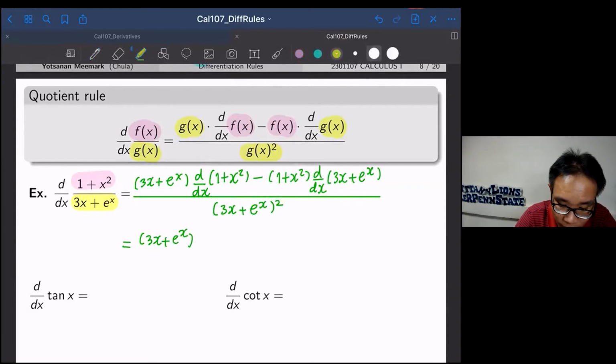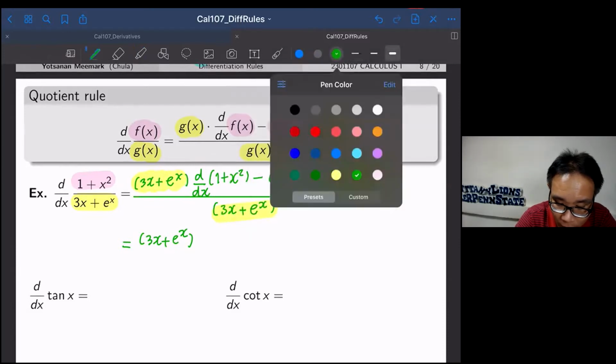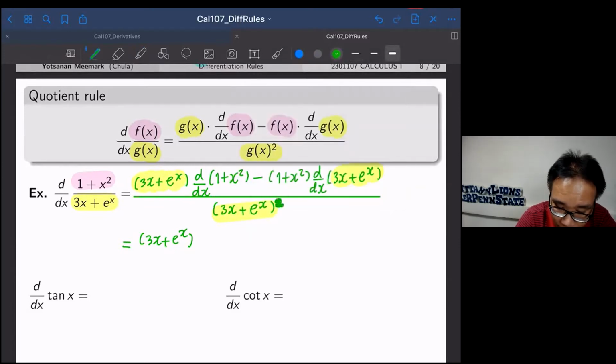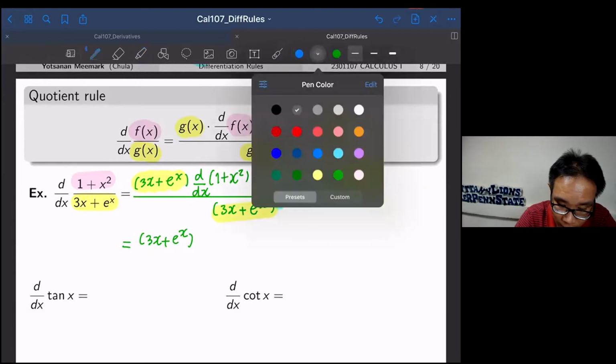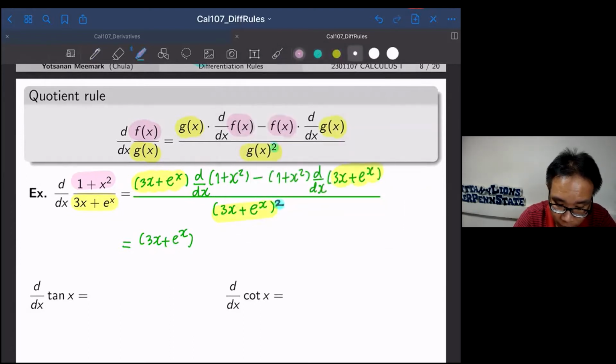And you see two terms. Let me highlight this one. This one is the bottom, derivative of the top, over the bottom square. Normally, I should emphasize the square here. You have square here. Okay, and don't forget square here. And the thing that we also have will be this pink guy and this pink guy.